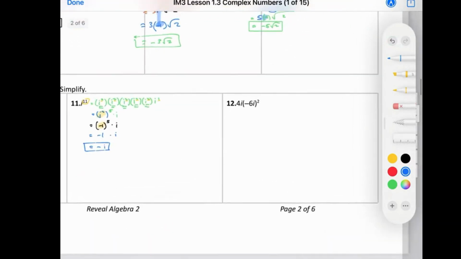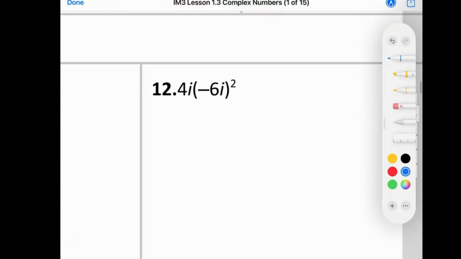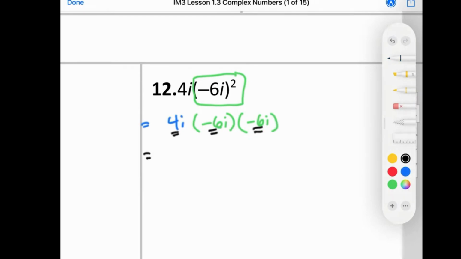All right, what do we got? Number 12. It tells me I have 2 sets of parentheses. Let's go ahead and multiply the constants. 4 times negative 6 times negative 6. So negative 6 times negative 6 is positive 36. 36 times 4 is 144.